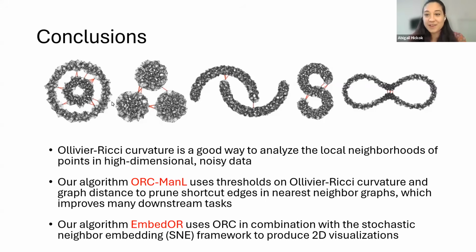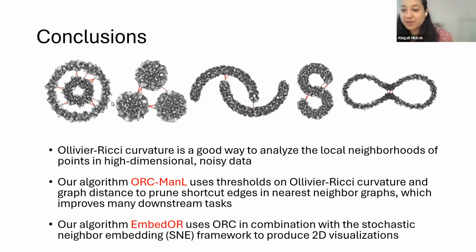I guess it depends on what you mean by that. We had one time series, which was a time sequence of point clouds that we used EmbedOR on, and it worked pretty well at preserving that time coordinate. But if what you mean is a sequence of graphs, that might be a little bit harder. I'm not exactly sure.